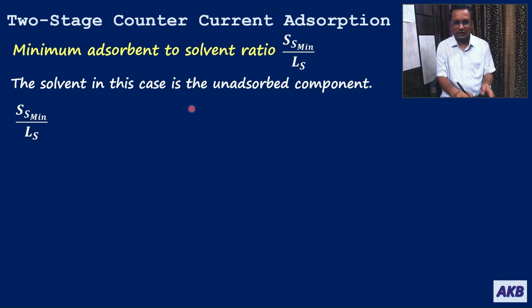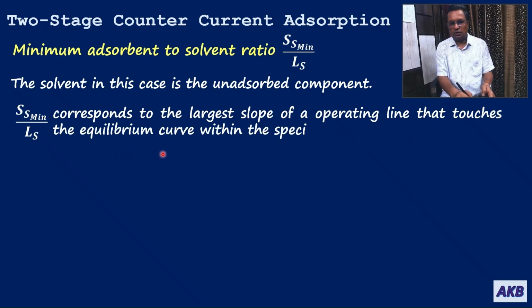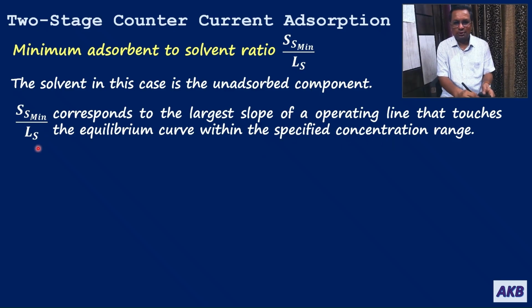SS minimum by LS corresponds to the largest slope of an operating line that touches the equilibrium curve. Out of all those operating lines that touch the equilibrium curve within the specified concentration range, SS minimum by LS represents the operating line with the largest slope.